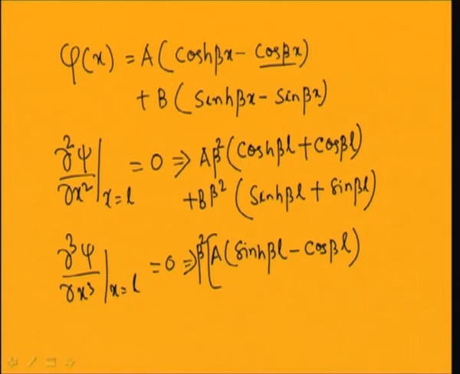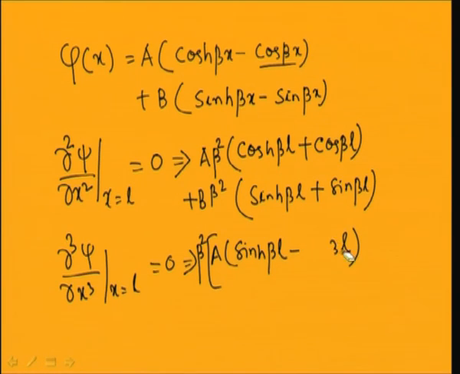So this cos beta x, differentiating it once, it becomes minus sin, so minus minus cos, so plus sin beta x. Differentiating again, this becomes minus cos beta x, and for minus cos beta x we have to differentiate it thrice.